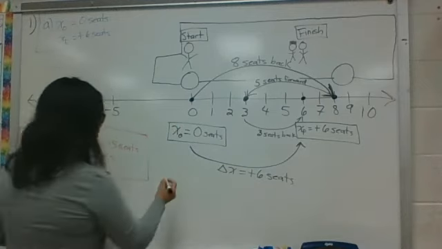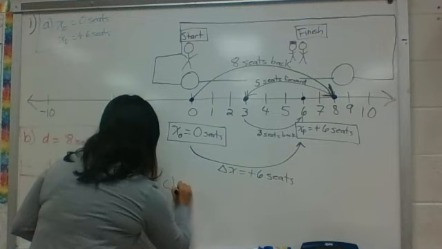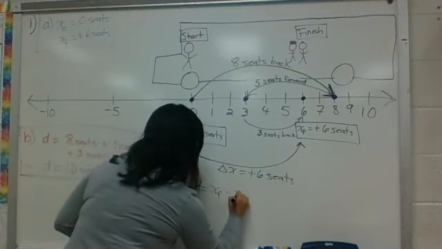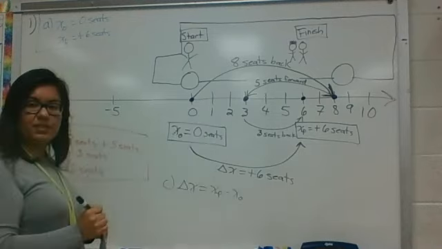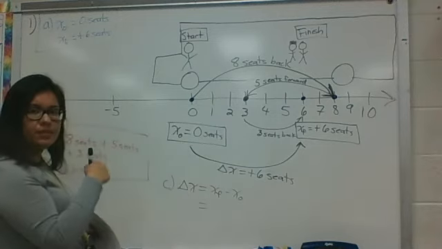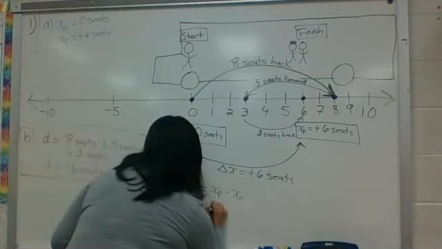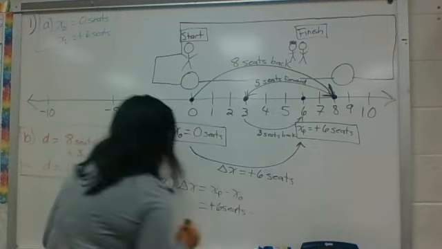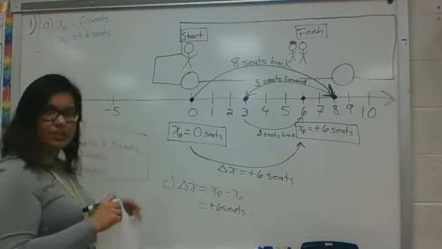So remember that displacement is equal to the final position minus the initial position. And we already figured out our initial and final position earlier, right? So positive 6 seats minus 0 seats.